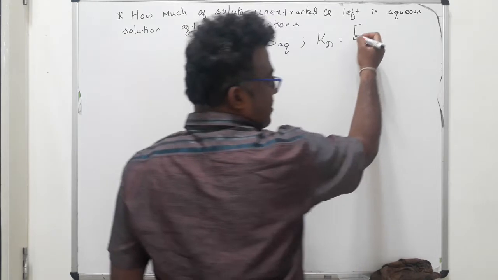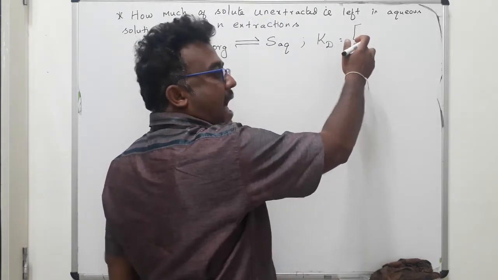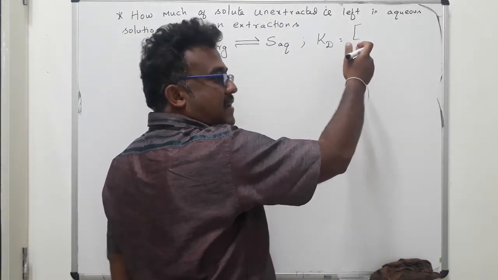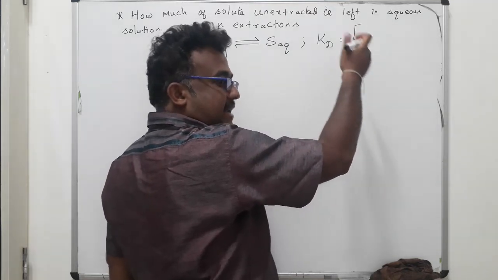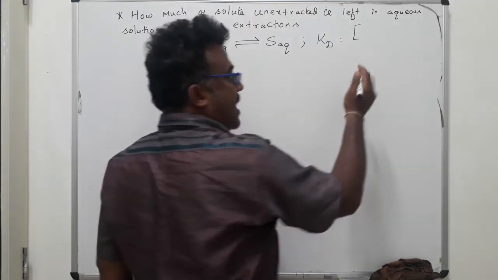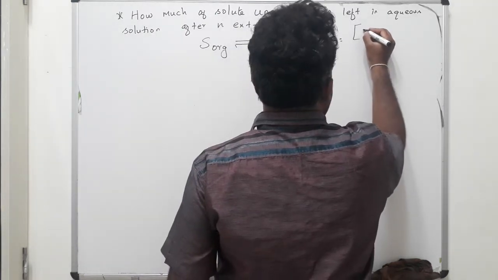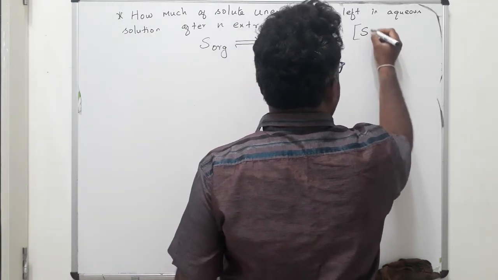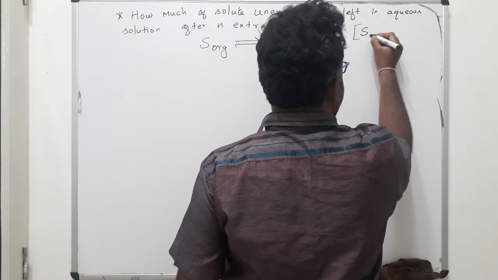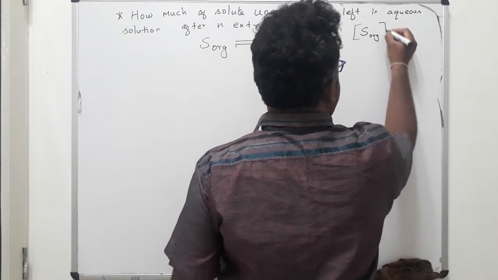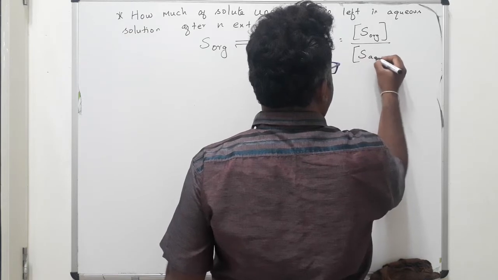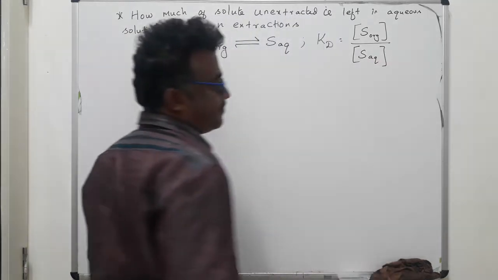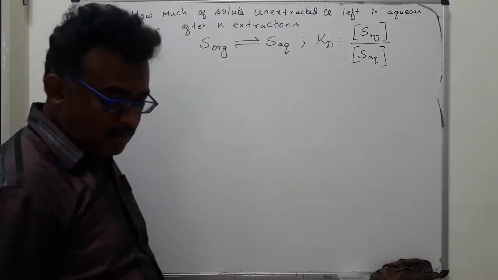Strictly here you have to follow activities, but the activity coefficient in most cases will be 1. Under that case, concentration as well as activity will be the same. K is the concentration of solute in organic phase divided by concentration of solute in aqueous phase.